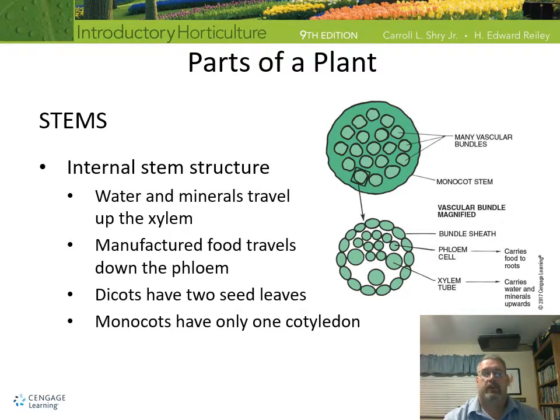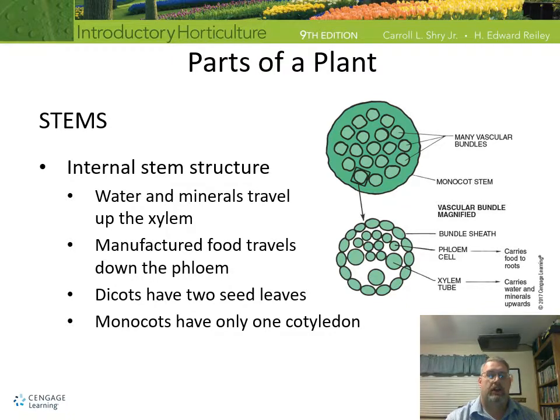So the internal structure, you have two main characteristics. You have xylem and phloem. What you're going to learn about is that in a plant, these vascular bundles in a monocot are going to be the way water and minerals travel through the system.